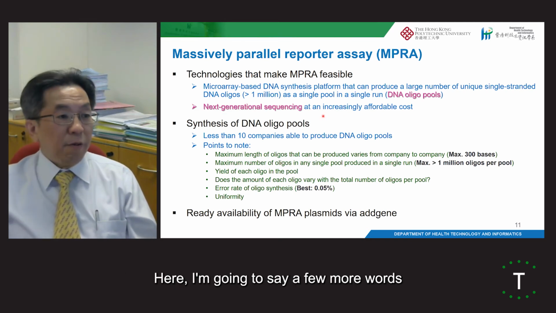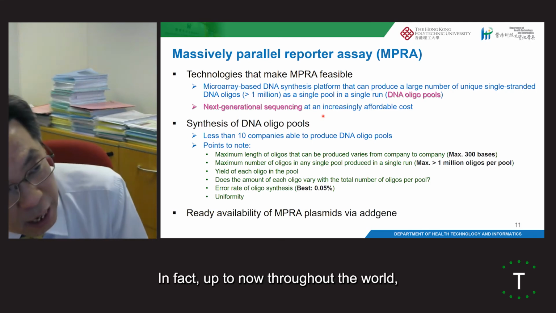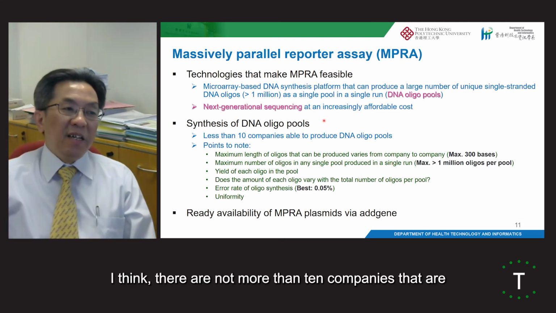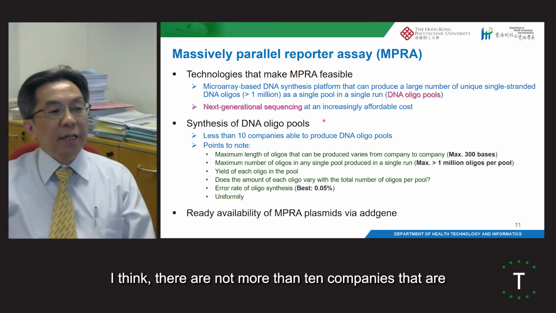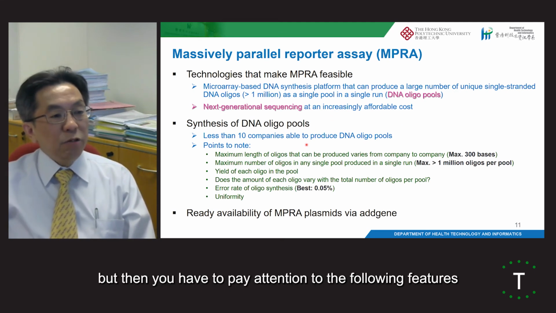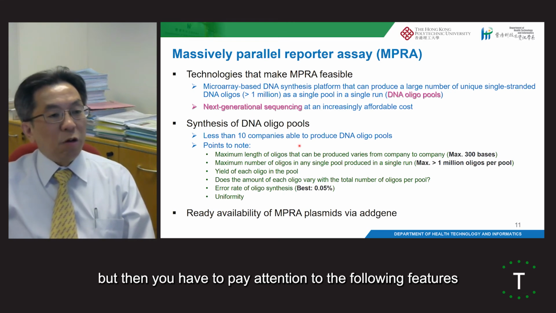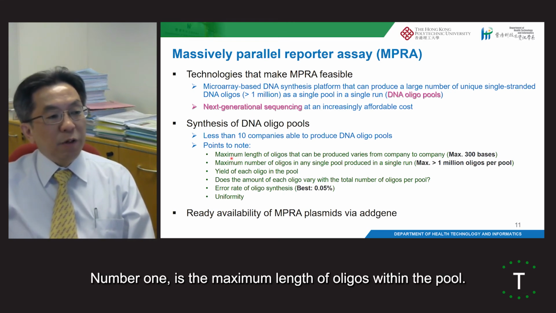Here, I'm going to say a few more words about the oligo pools. Up to now, throughout the world, I think there are not more than 10 companies that are able to produce DNA oligo pools for use in MPRA. But you have to pay attention to the following features of the oligo pools. Number one is the maximum length of oligos within the pool.